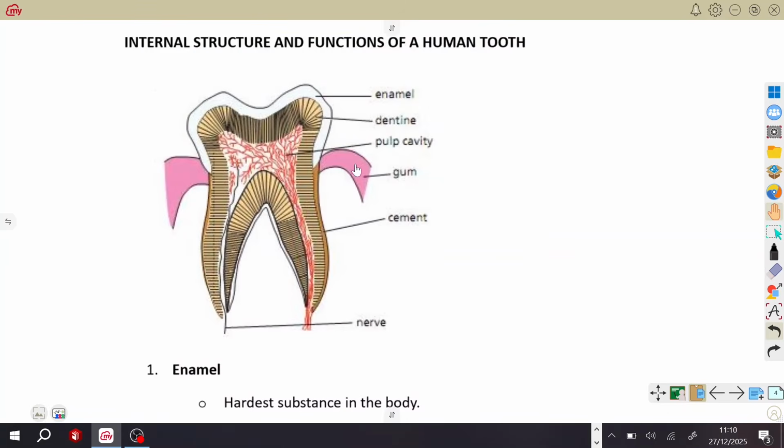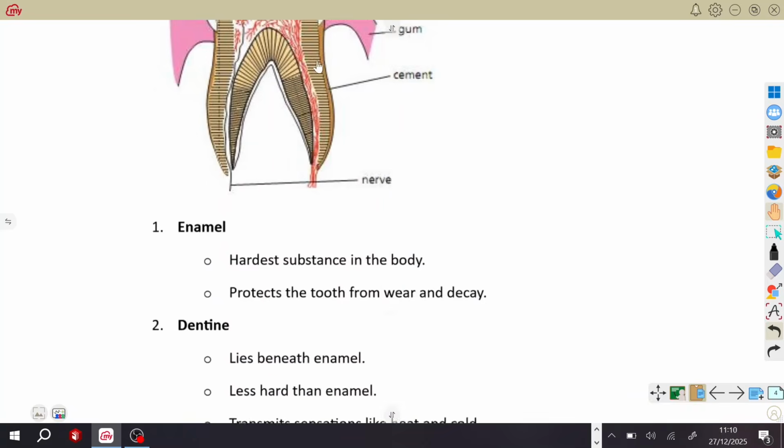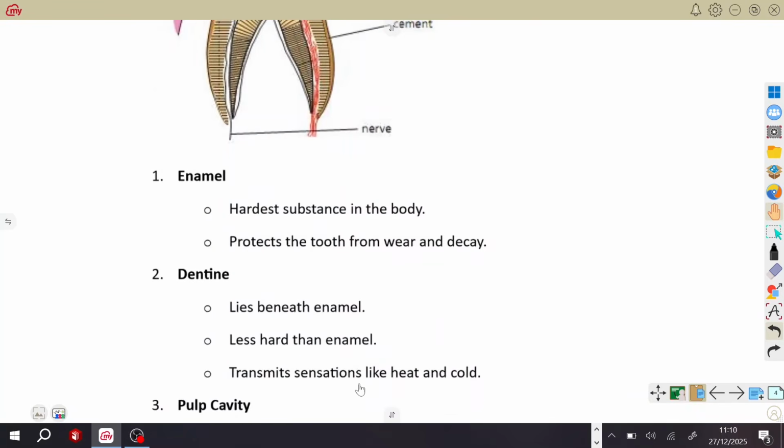So this one will make sure that it is able to transmit between the pulp cavity where the nerves are and the enamel. Any heat outside here must reach the pulp cavity through the dentin. So it is there for sensitivity. Okay, so the dentin transmits sensations like heat and cold.